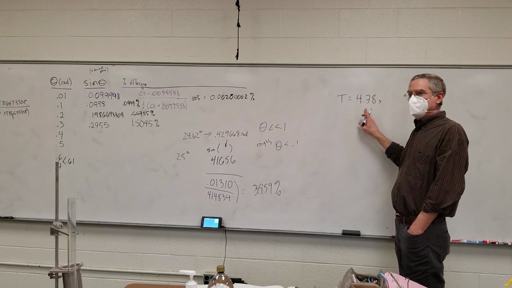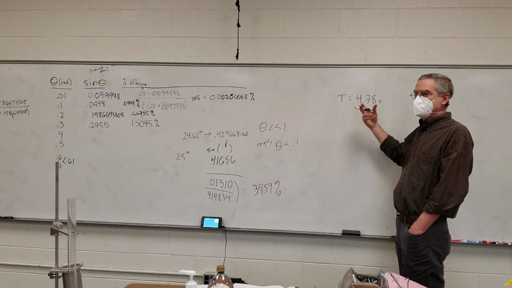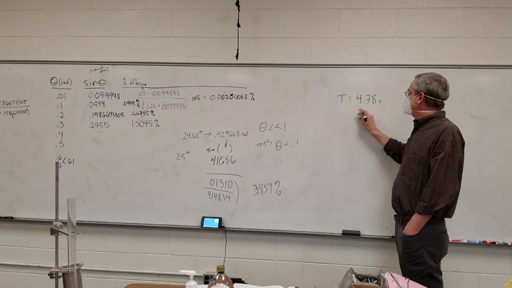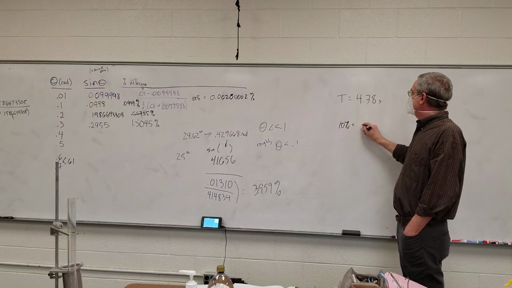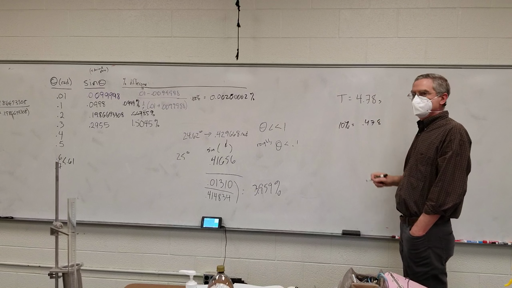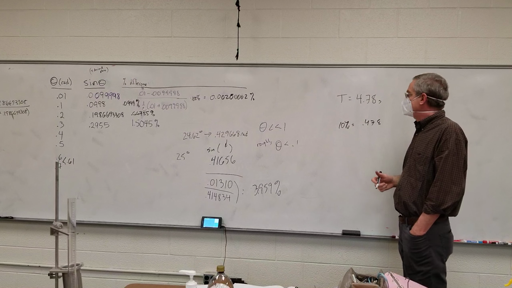I'm 10% off of this, which means I'm either higher or lower. 10% is 0.478, multiply times 0.1.